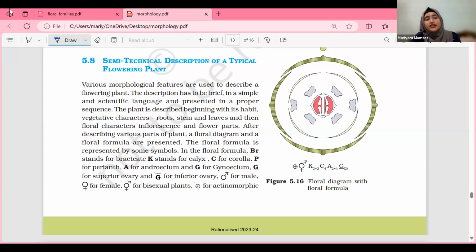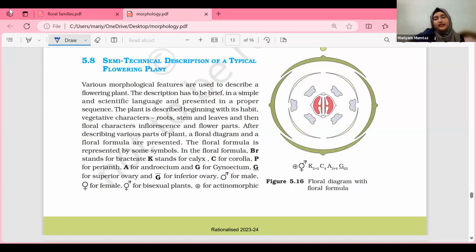It says that various morphological features are used to describe a flowering plant. Can you tell me what kind of morphological features we would take into consideration in general? Petals, leaves, sepals, and the arrangement of androecium and gynoecium. Correct.